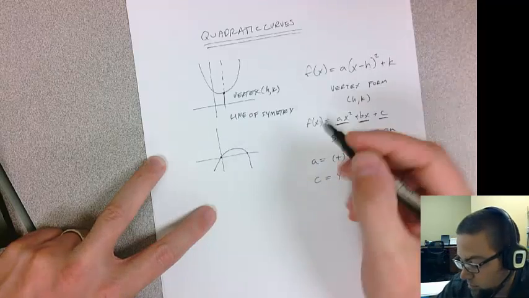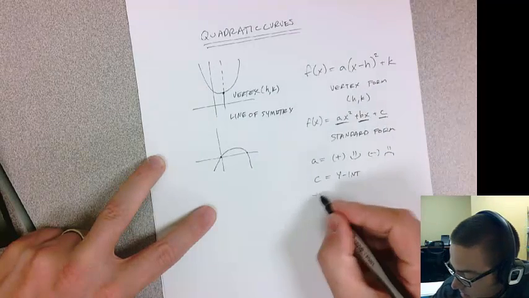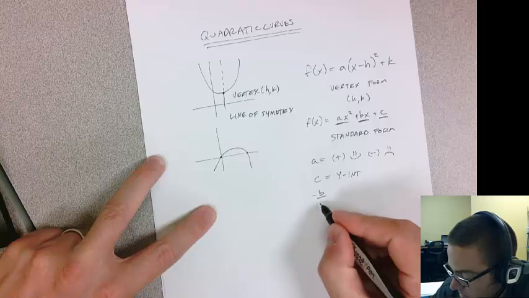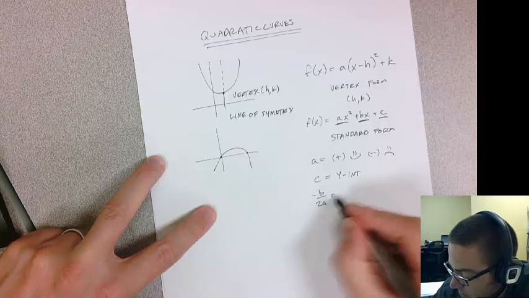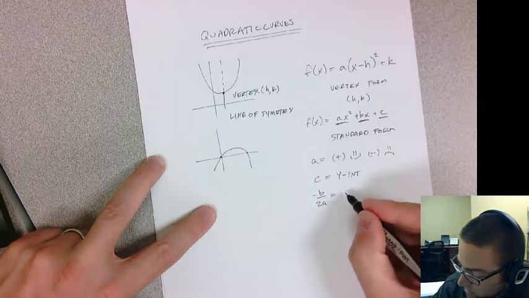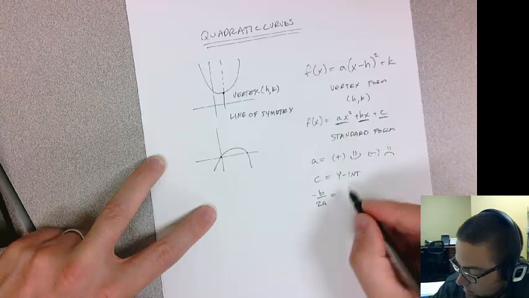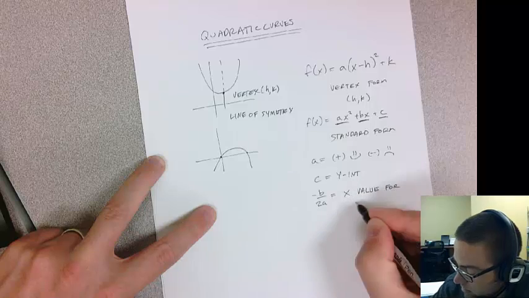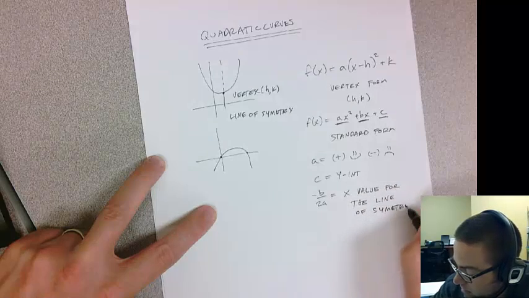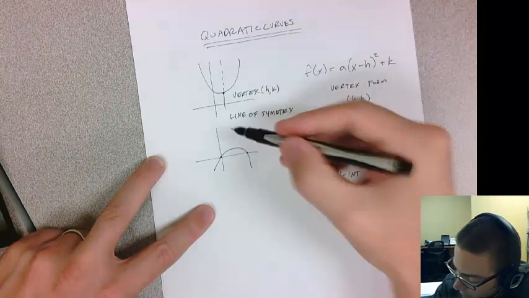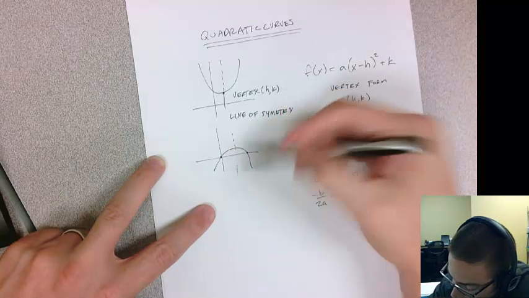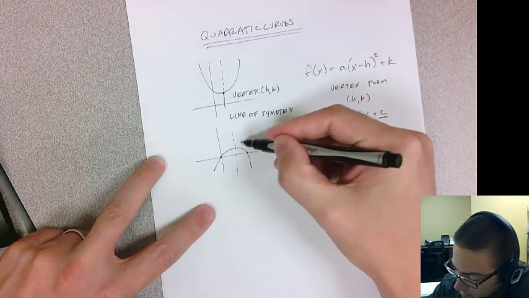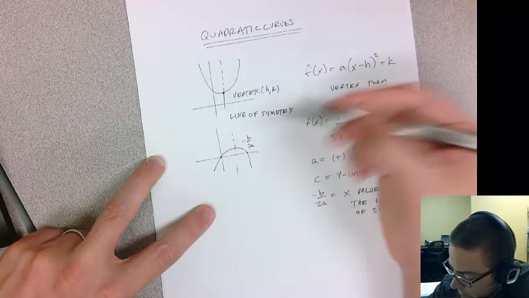So there's some tricky things on that, but the one thing that a lot of people memorize is that negative b over 2a is equal to the line of symmetry, the x value for the line of symmetry. Okay, so this line right here is at the x value, negative b over 2a.